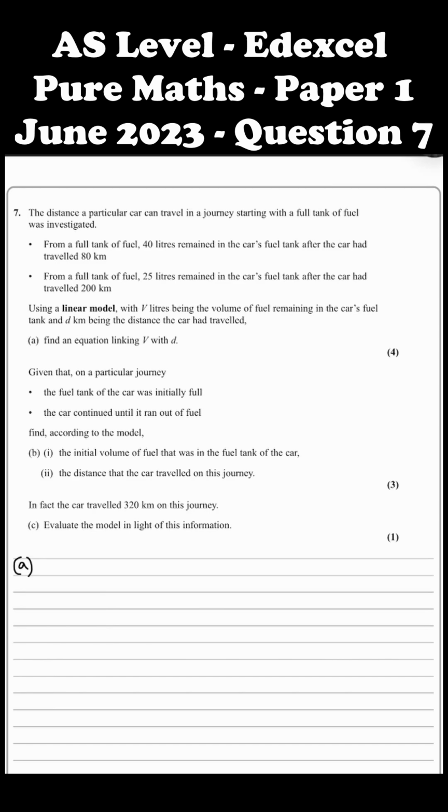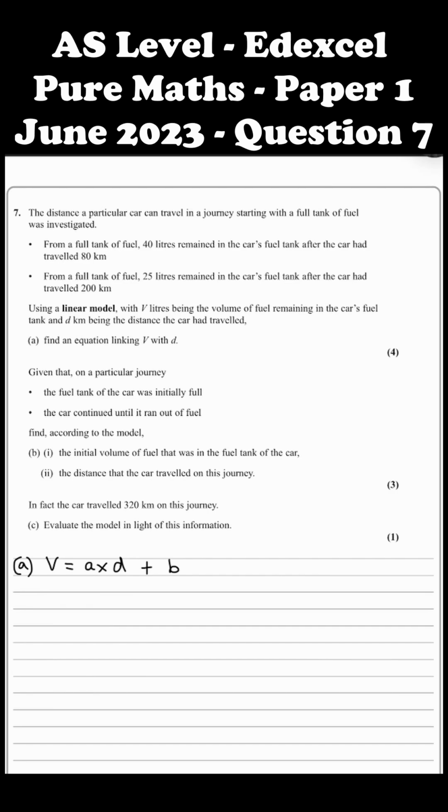Well, firstly, there is going to be a constant which needs to represent the value of a full fuel tank. So if D is 0, we need to have an amount. So what we're going to say is this has to be of the format of V being the volume, the litres of fuel, equals something, which we'll say A, multiplied by D, which is the distance, add this constant, which we'll call B, which is a full tank of fuel.